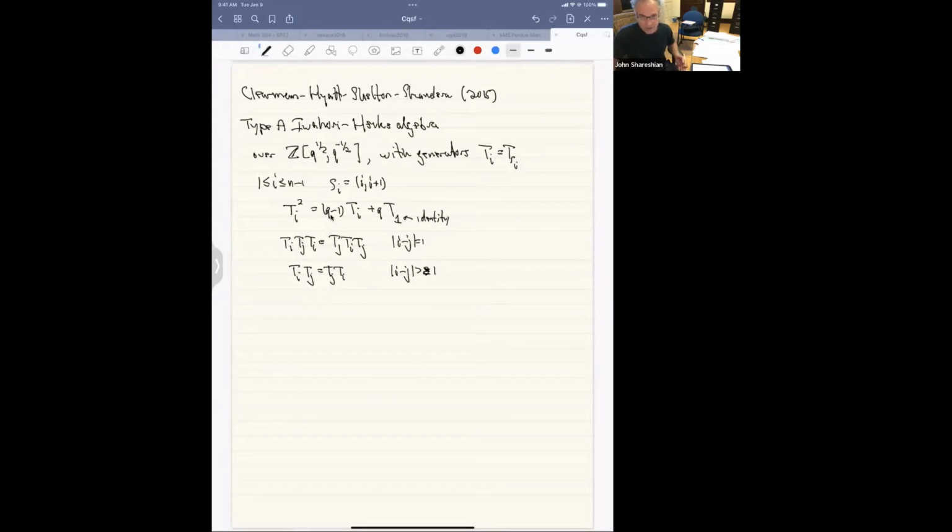And if q is 1, this in fact just says that T_i squared is the identity. So if q is 1, this is nothing but the group algebra of the symmetric group, over the integers if we set q to be 1. And in general, if you substitute a generic complex number for q, in fact, you get the group algebra of the symmetric group.